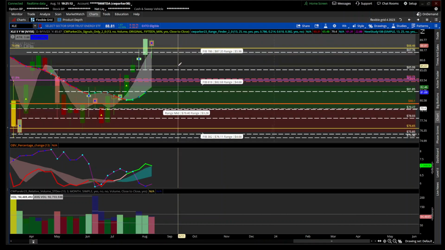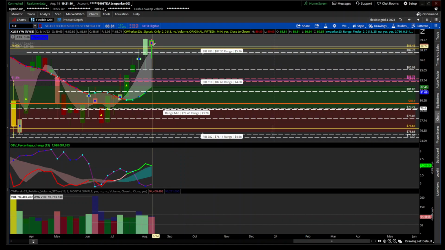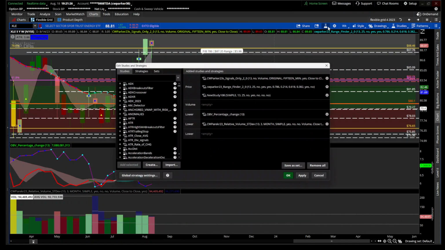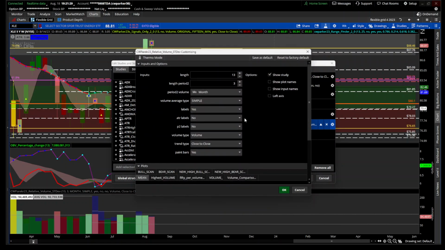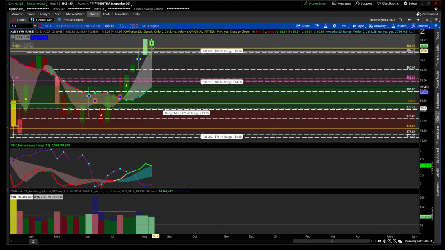Because of buying pressure on this candle, the close is higher than the half of the range between high and low. And if I were to change my trend to buy sell pressure, you'll get a green candle. That's basically what those clouds represent.